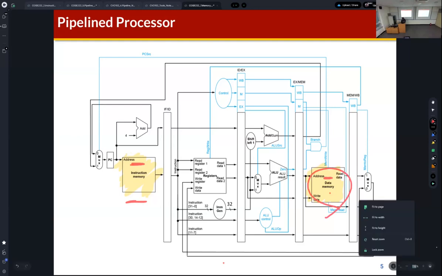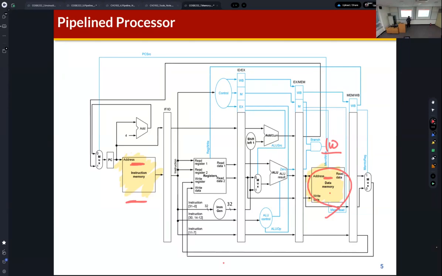When the load instruction is executed in the memory stage, we assume that this load instruction will take only one clock. And then the clock frequency of the modern processor is around 5 gigahertz. It's very, very fast, which means that the clock period is 0.2 nanosecond.